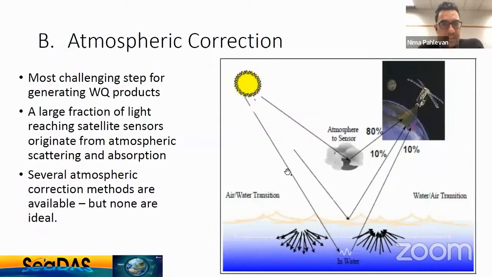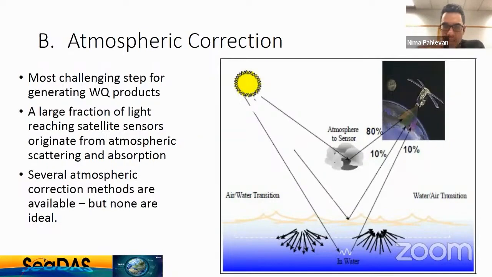So the second very important aspect of data processing is atmospheric correction. It's an extremely difficult part of the processing chain, because most of the signal that the satellite measures comes from atmospheric scattering and absorption.